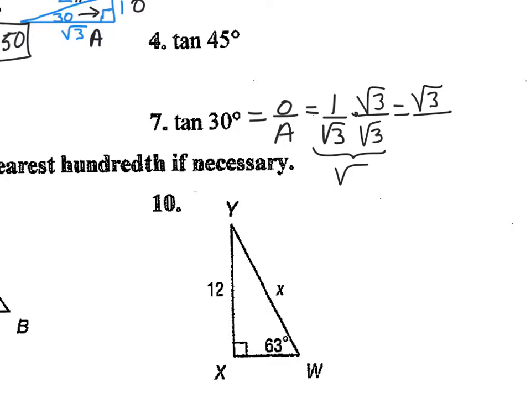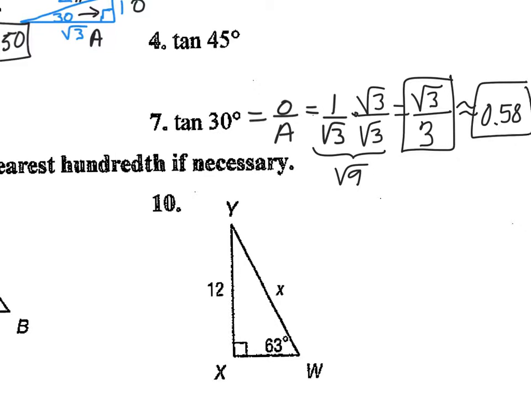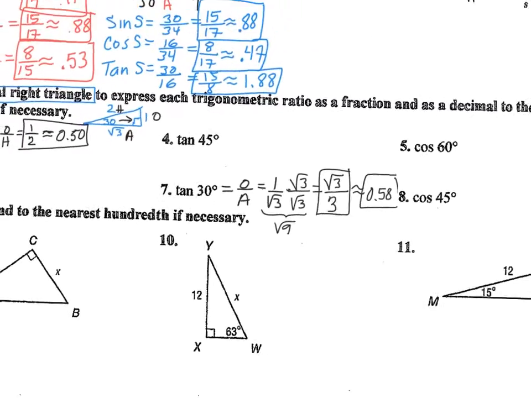That is the square root of 9, but square root of 9 is just 3. And that is approximately, what did you get for the square root of 3 divided by 3? 0.58. Yes. Okay, so that's from 30.